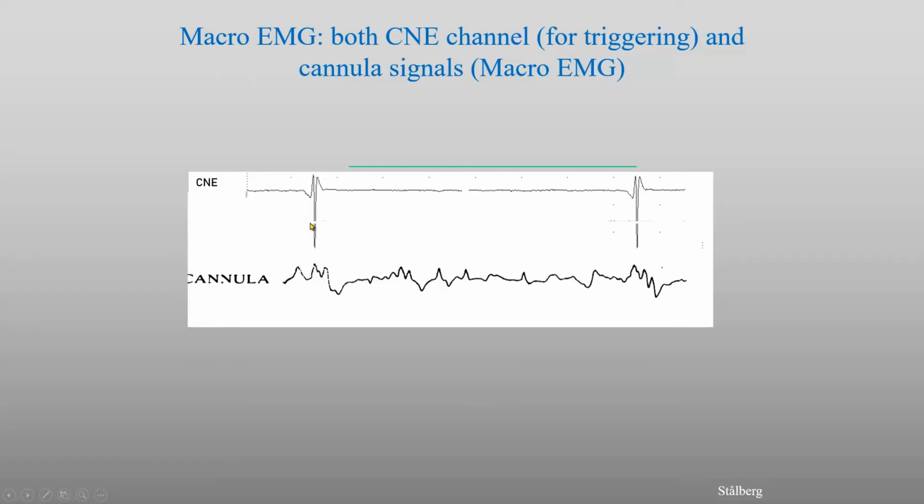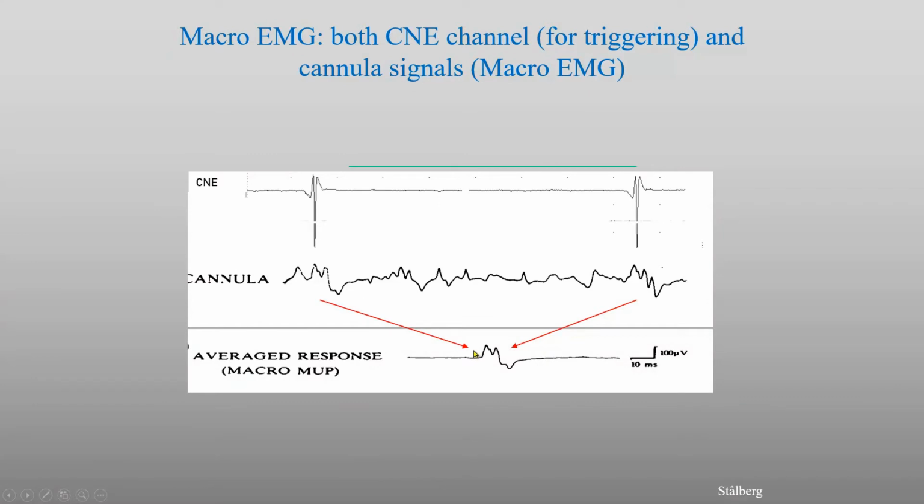But if we now trigger an averager with this signal and send the cannula signal to the averager, then we will be able to extract the contribution from one motor unit, and it will look like this.